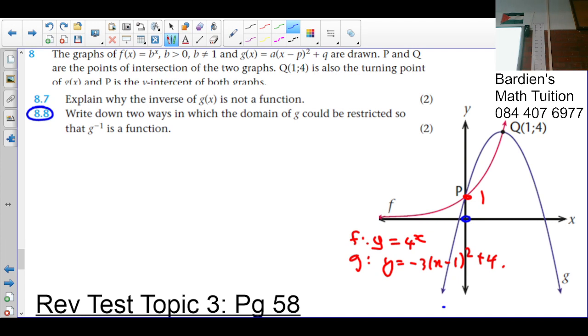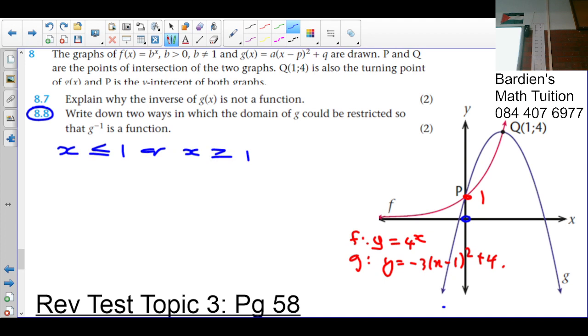Let's look at 8.8. Write down two ways in which the domain of g could be restricted so that the inverse can be a function. How can that be restricted? X is less than or equal to 1, or greater than or equal to 1.